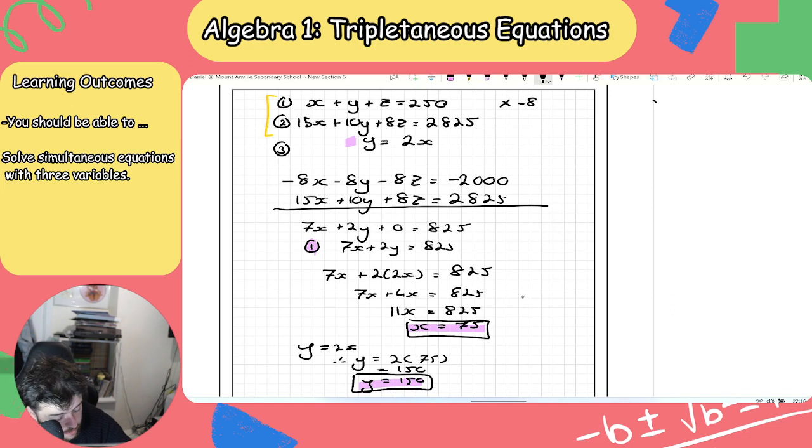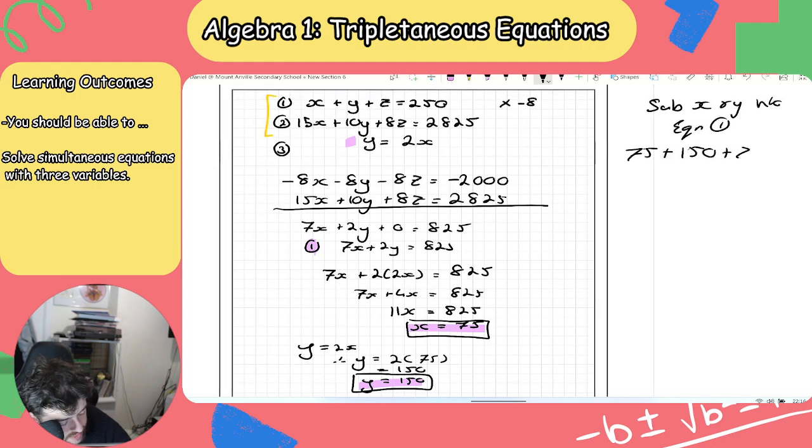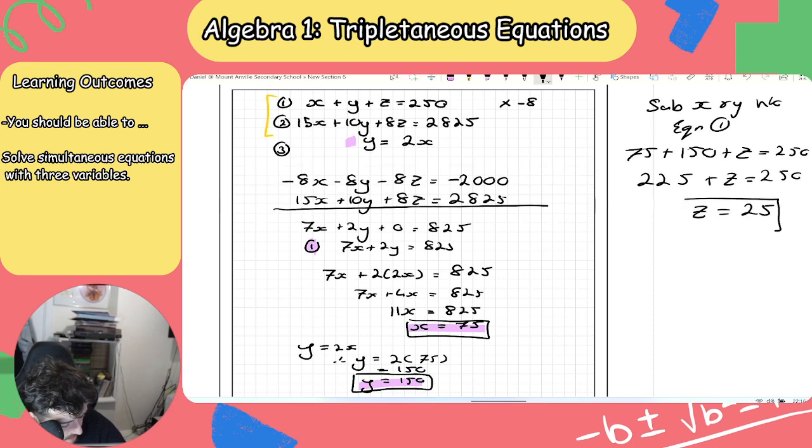Now I just need to sub these two into equation 1, I think. So x, 75, plus y, 150, plus z is equal to 250. So 225 plus z equals 250. z is going to equal 25. So there were 25 child tickets that were bought.